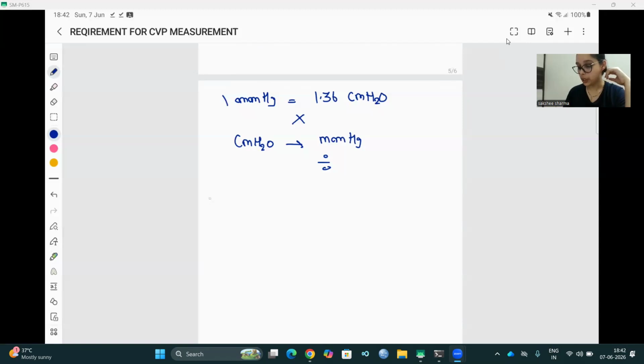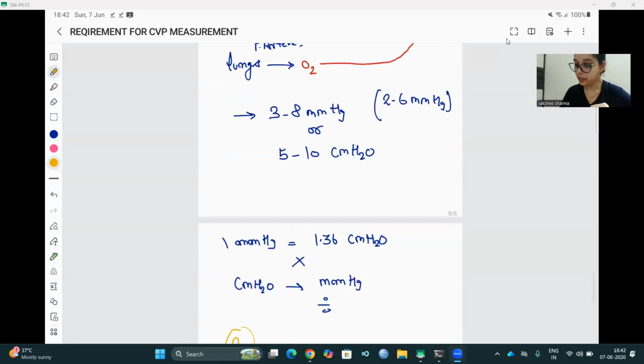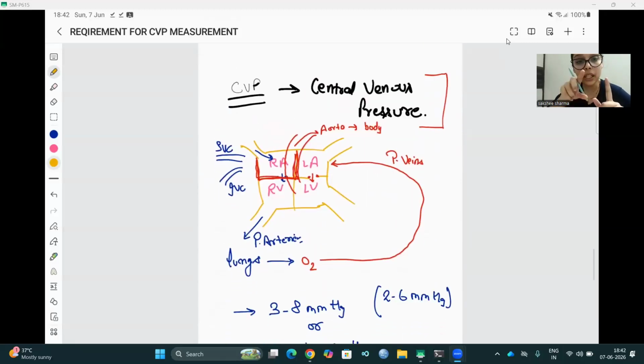Now the question arises, why do we need to measure the CVP? What do you think? We are measuring the CVP to know about the preload of the heart also. Because the superior vena cava and inferior vena cava are combining into the right atrium, and the amount of blood coming into the right atrium is known as preload.